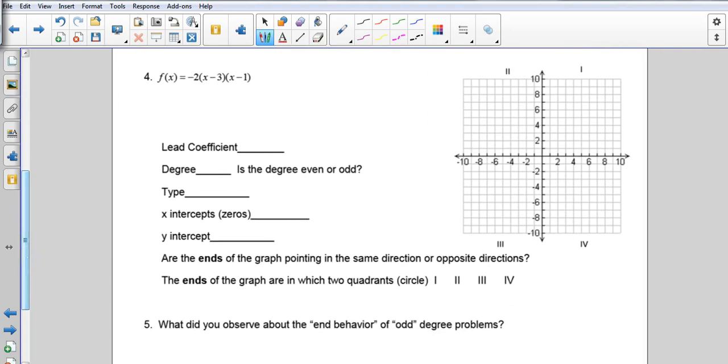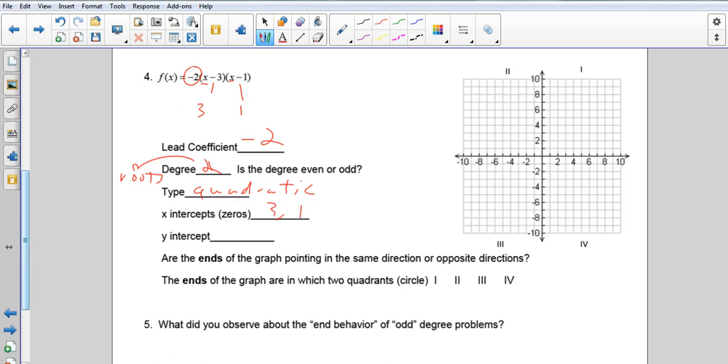Okay, last one. Lead coefficient, right there, negative 2. The degree is going to be x times x. So that's x squared, 2. Type, that is a quadratic. Which also, remember, this tells us 2 roots. The x-intercepts, set this equal to 0 and get 3, set this equal to 0 and get 1.